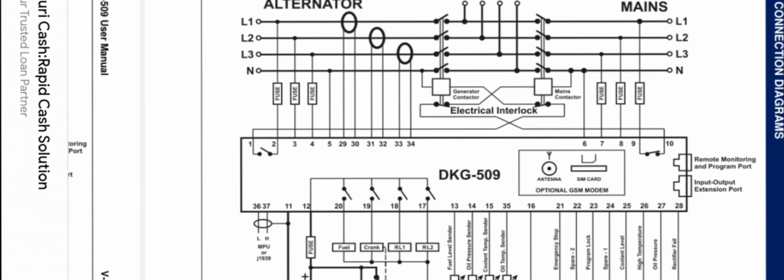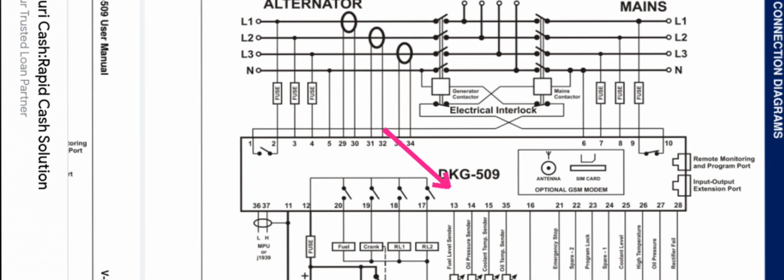After that, as you can see here, pin 13 is the fuel level sender, which is mounted on the fuel tank to monitor your fuel capacity and also stop the generator when you have no fuel in your tank, preventing your engine from air locking.